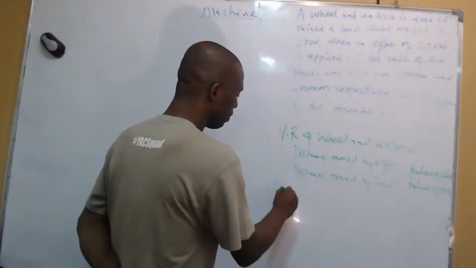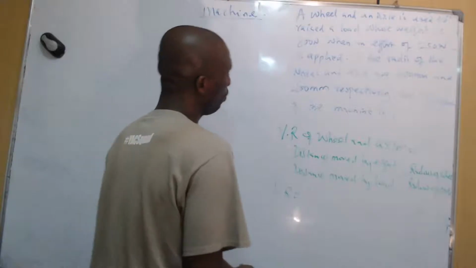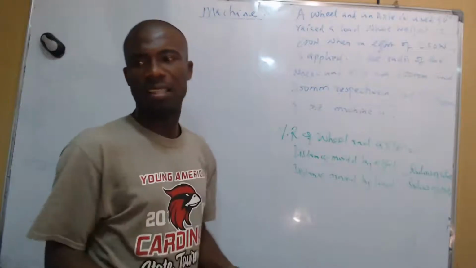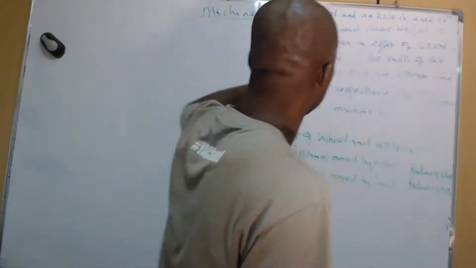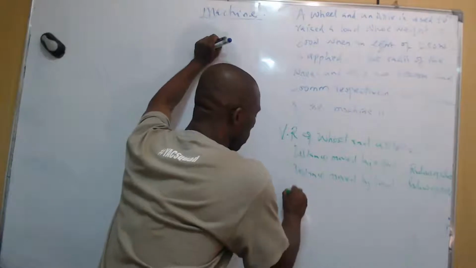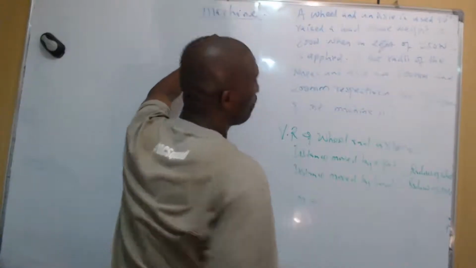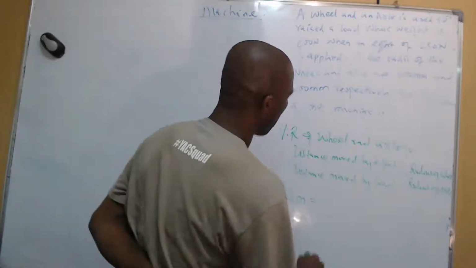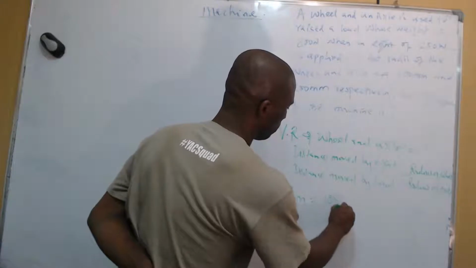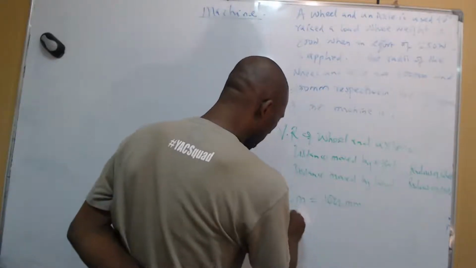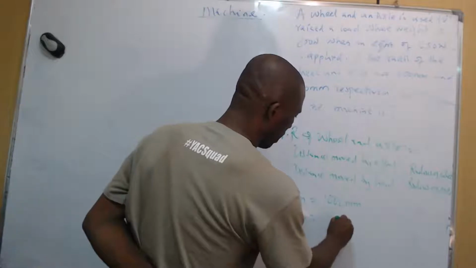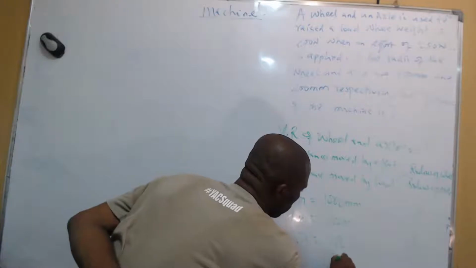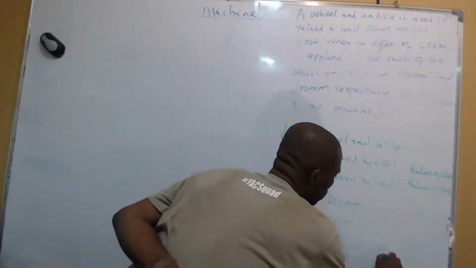Now VR is equal to, now we're going to do a small conversion. The unit of radius is in meters or in centimeters, but we are given millimeters here. If 1 meter is equal to 1000 millimeter, then x meter will be equal to 800 millimeter. Therefore, x will be equal to 800 over 1000, which is equal to 0.8 meters.